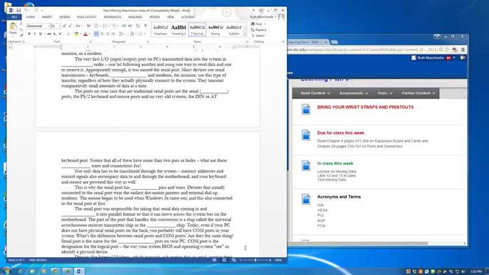The serial port was responsible for taking that serial data coming in and converting it into parallel format so that it can move across the buses on the motherboard. The part of the chip that handles this conversion is a chip called the UART chip, or the Universal Asynchronous Receiver Transmitter chip.